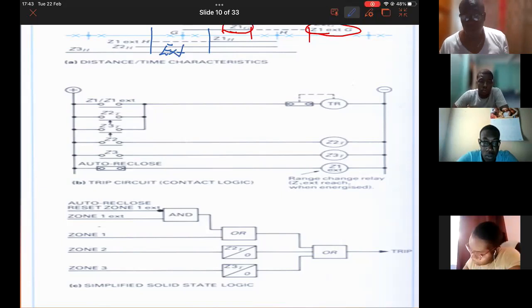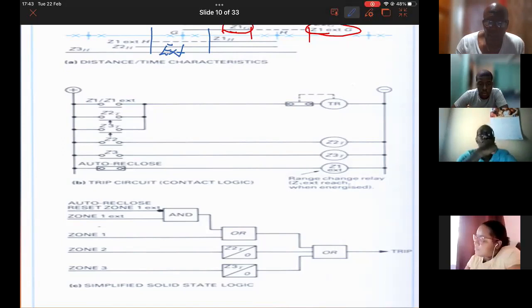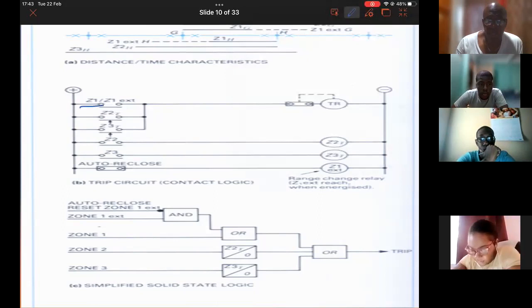So this is the extension in terms of your Zone 1. What we are now seeing is that wherever the fault is on the line, you will get a Zone 1 operation. Because whether it is Zone 1 or Zone 1 extension, you'll have instantaneous operation. So these contacts would give you instantaneous operation.